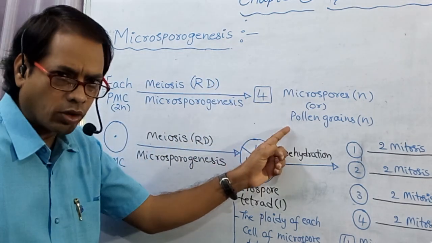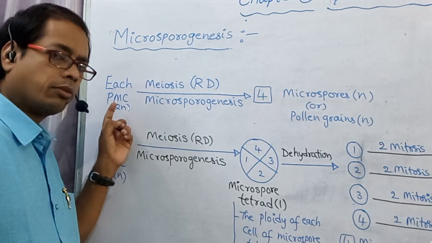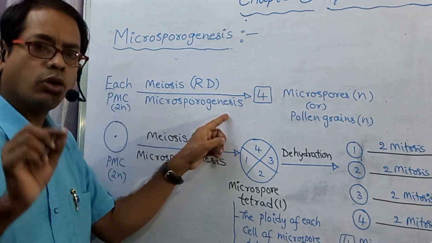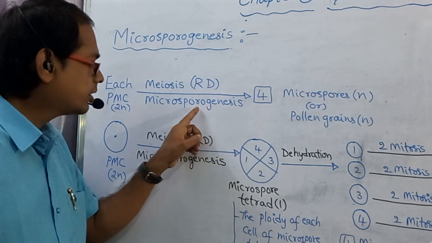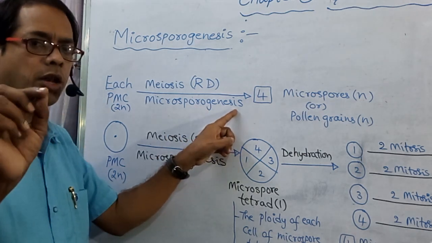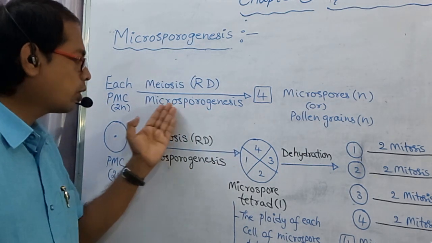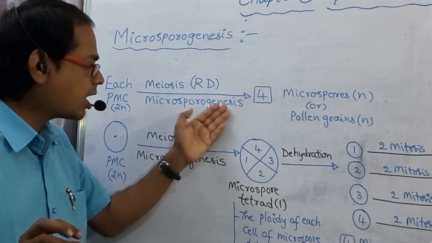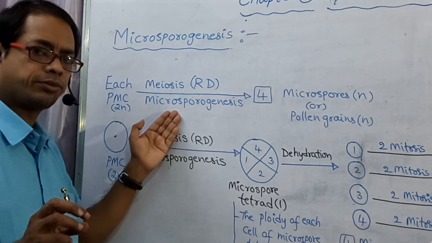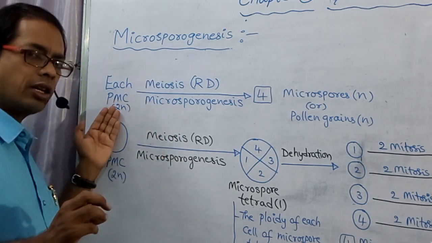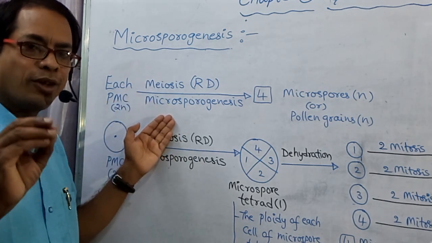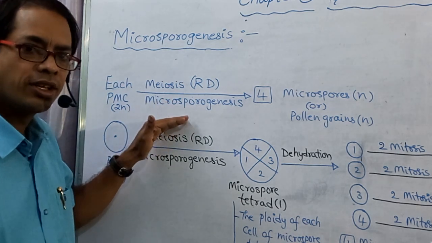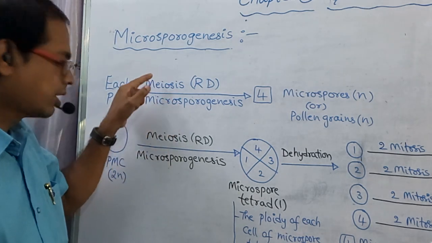Formation of microspores from pollen mother cell is called microsporogenesis. Genesis means formation. Microspora means microspores. During microsporogenesis, which division occurs?